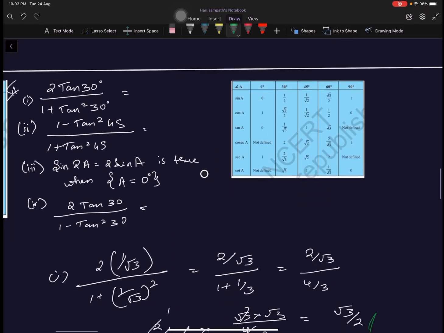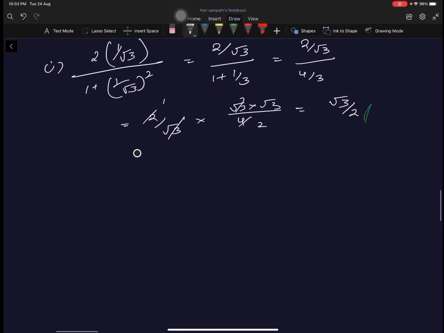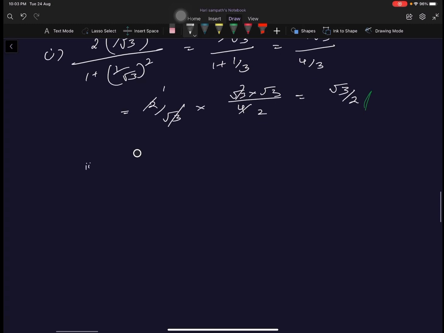So for the next one, 1 minus tan square 45 by 1 plus tan square 45.